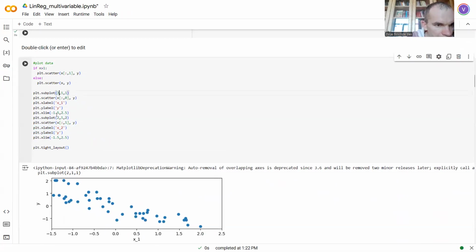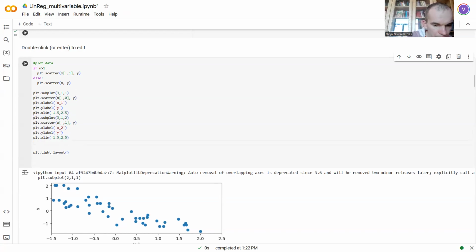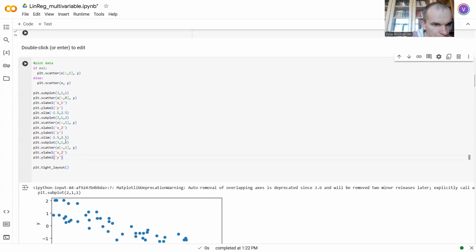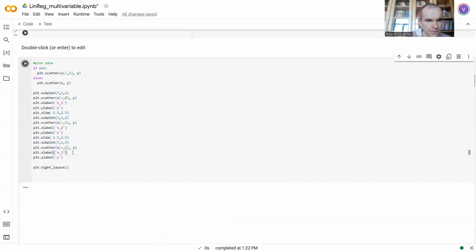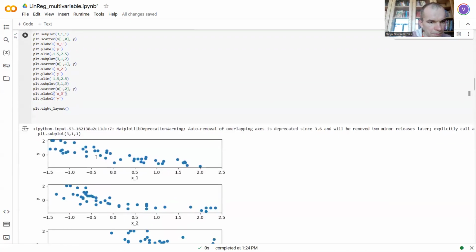It will be 311, 312, and we will add 313. Yes, 313, we are adding one additional parameter. It will be the third variable, index 2, and it will be x3. Okay. Let us see if it works.